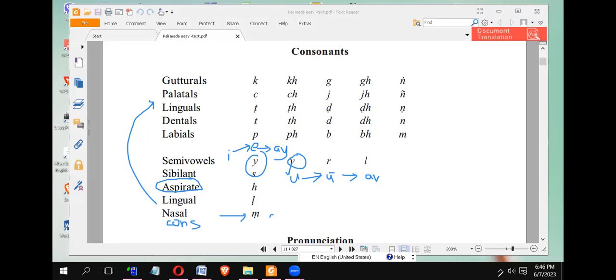A, i, u, a, o. Ka, kha, ga, gha. I forgot how to pronounce this one, like in sangham. Ka, kha, ga, gha. Cha, chha, ja, jha.